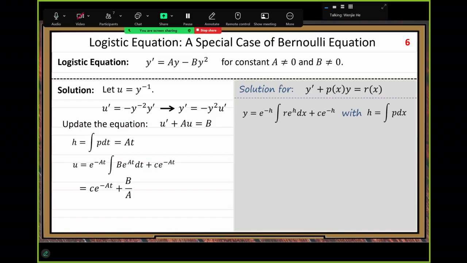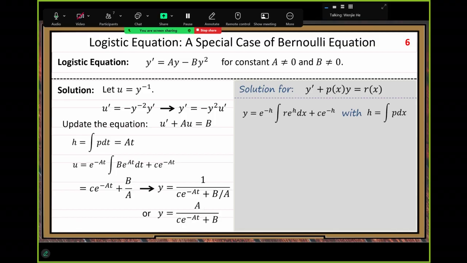You write y equals 1 over the denominator.